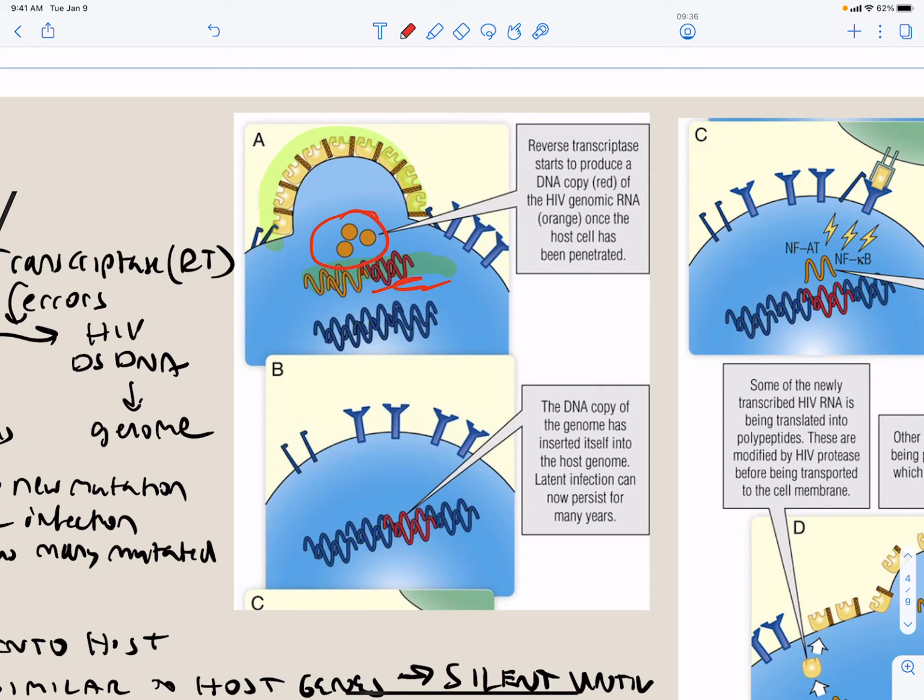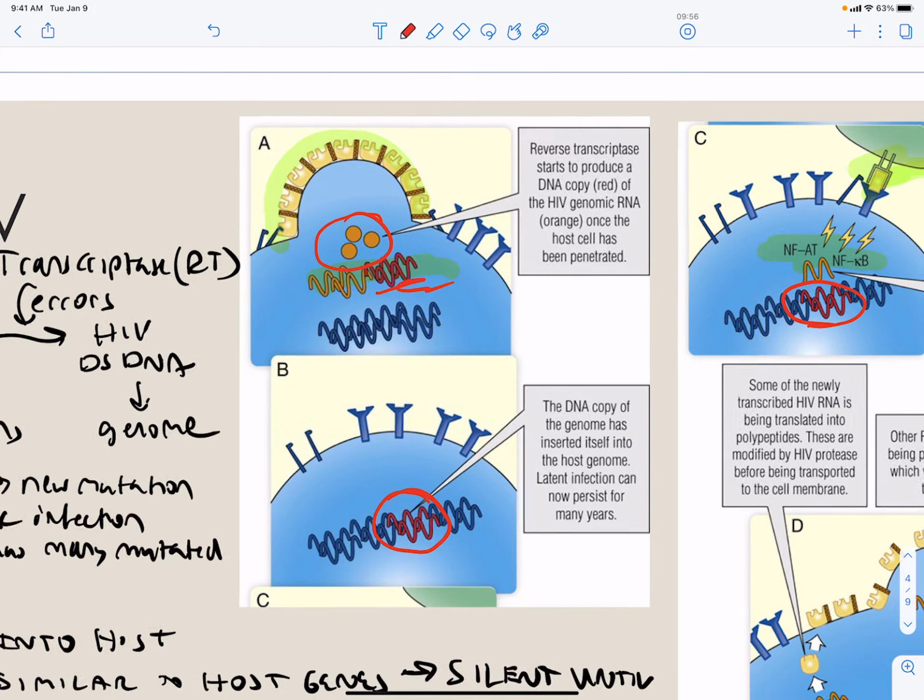And then the copy of the DNA gets inserted into the host genome. And then when the host gets activated in some way, and it gets those transcription factors that we've talked about with respect to activation, NFAT and NF-kappa B, then you get transcription of the HIV genome.